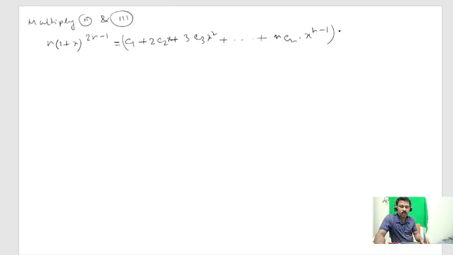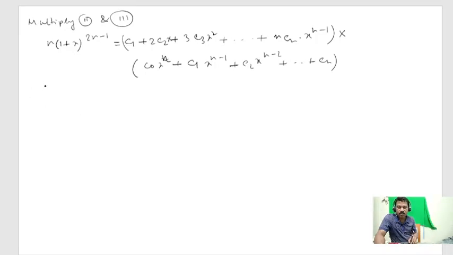We multiply this with C0 x to the power n plus C1 x to the power n minus 1 plus C2 x to the power n minus 2 and so on to Cn.